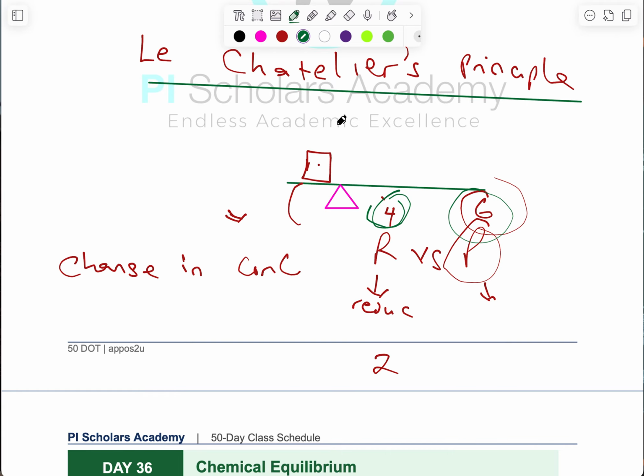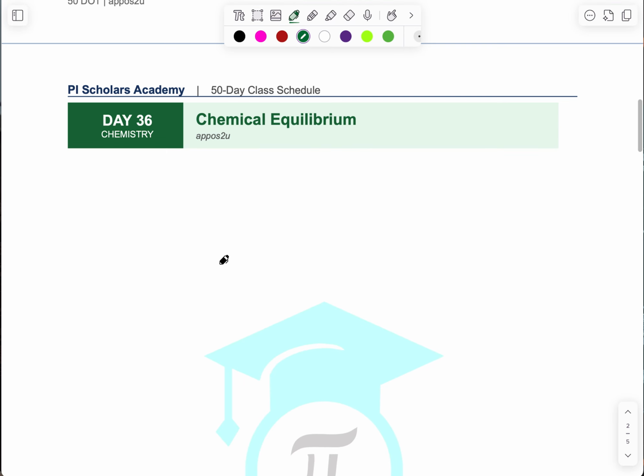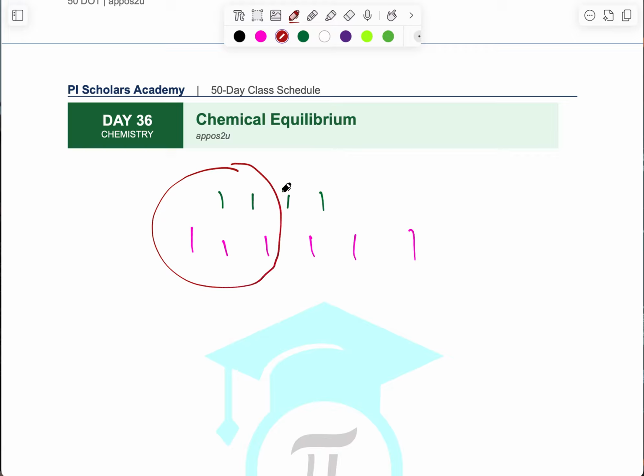So 4 to 6 means that if I have 1, 2, 3, 4, and I have 1, 2, 3, 4, 5, 6, let's see how this balances together. You see that we can have this group here and this group here. So for every 2, there's going to be a 3.